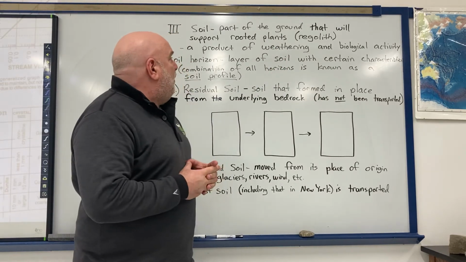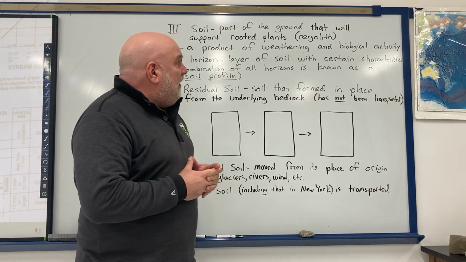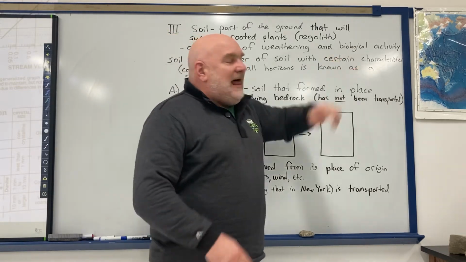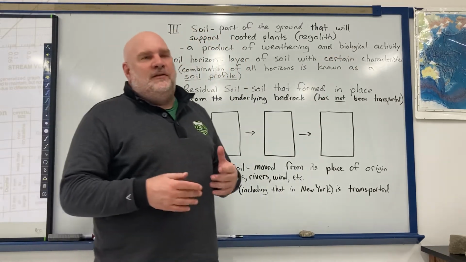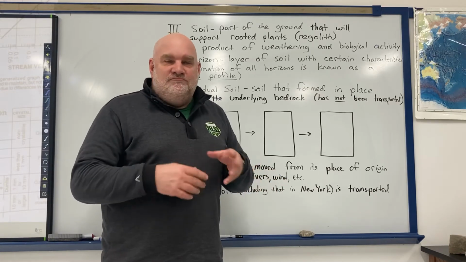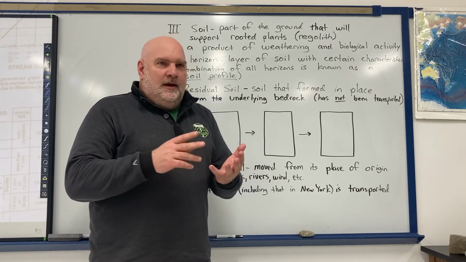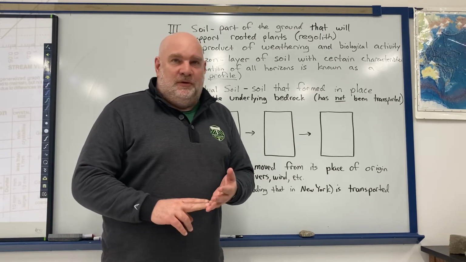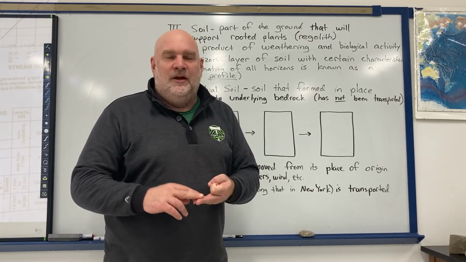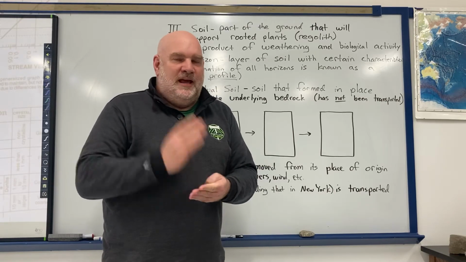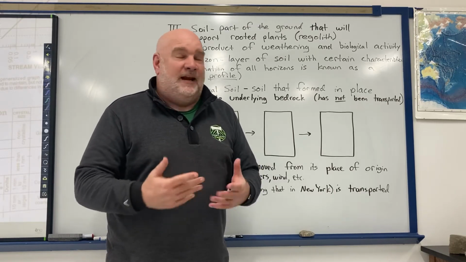Soil is the product of weathering and biological activity. Biological activity is pretty vague. It's just some activity from some sort of living thing. It could be dead leaves, roots from a plant, dead animals and their bones, or animal feces, just organic stuff.